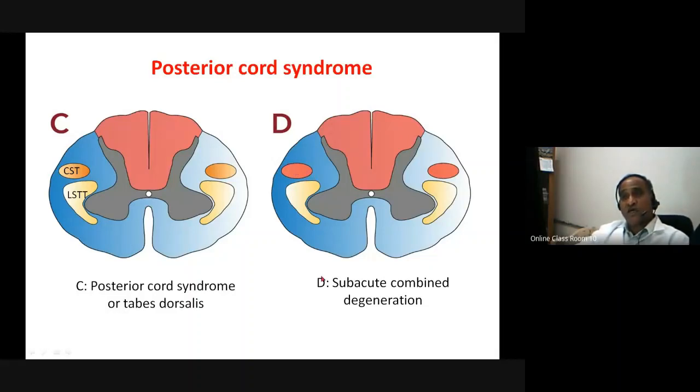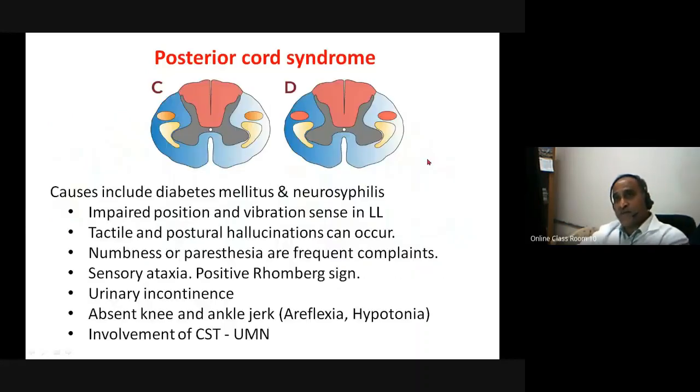So subacute combined degeneration is the degeneration because of the deficiency of vitamin B12. Vitamin B12 is necessary for myelination, and if the myelination is not there, it is going to be involved. So in addition to the posterior horn, we have this lateral corticospinal tract involvement.